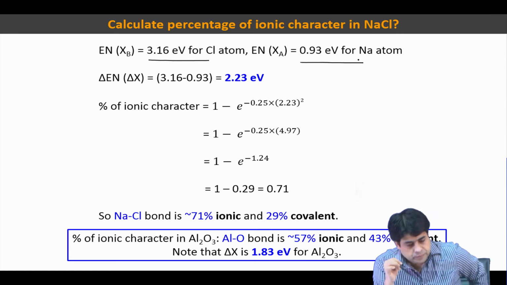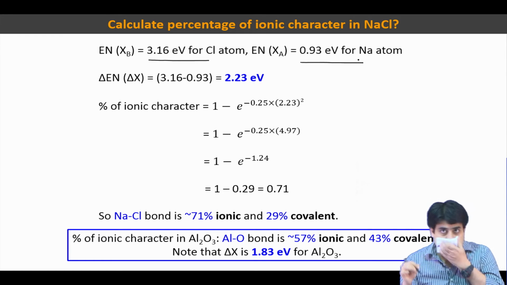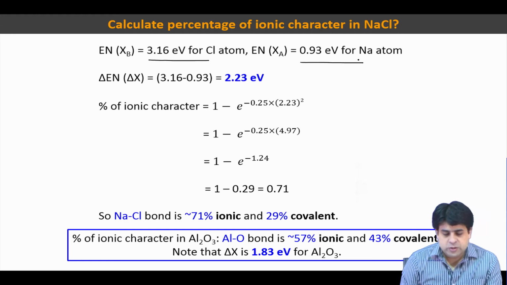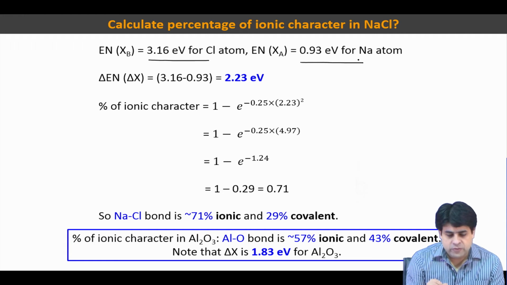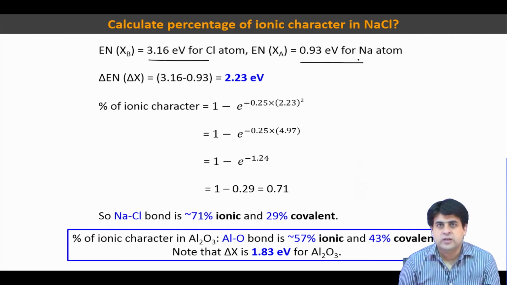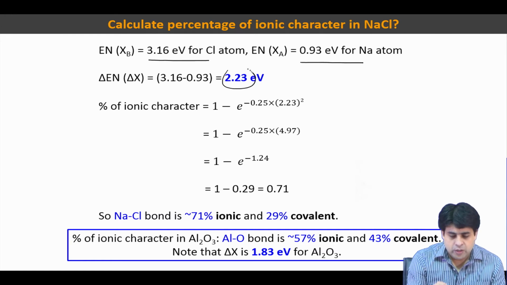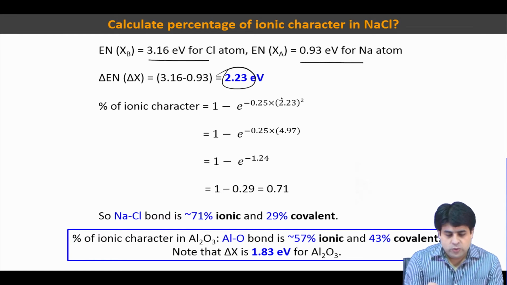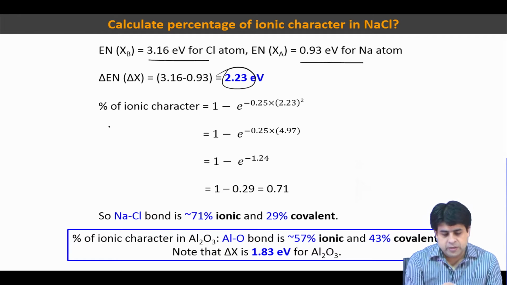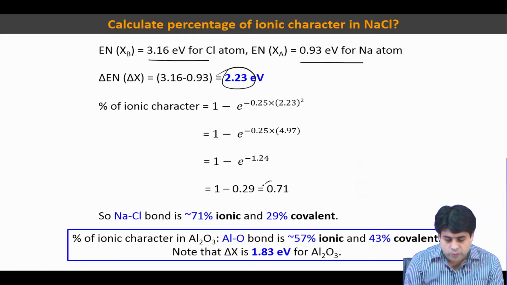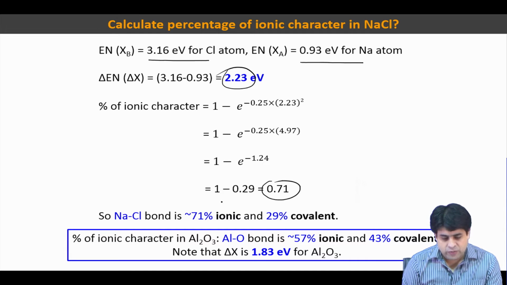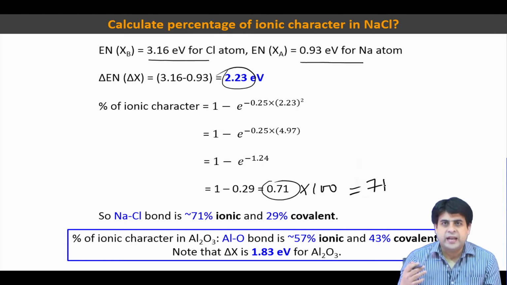If you take the difference of the electronegativity of these two atoms, it is close to 2.23 electron volt, and when you put this value in the percentage of ionic character formula, you get 0.71, and you multiply by 100, so almost 71% ionic character.